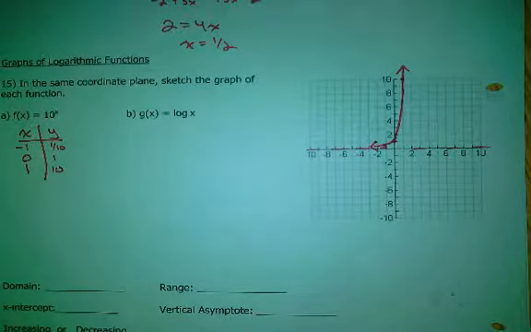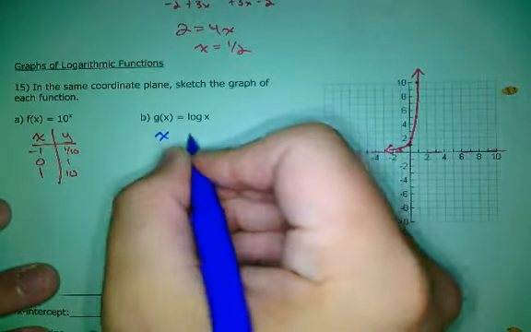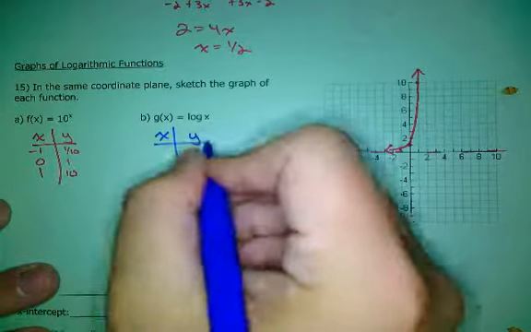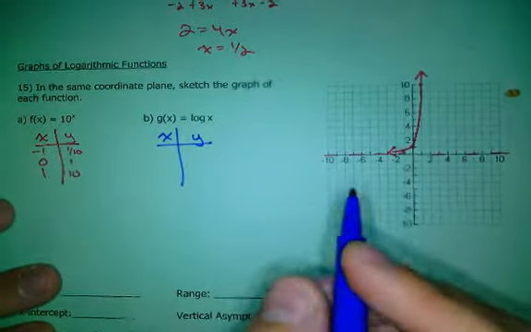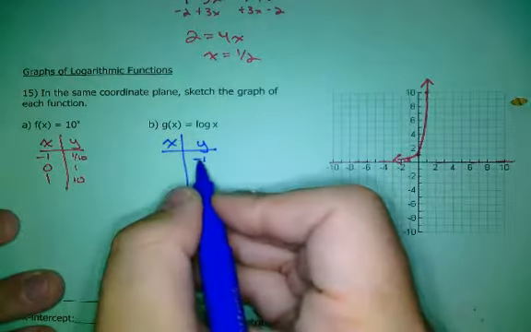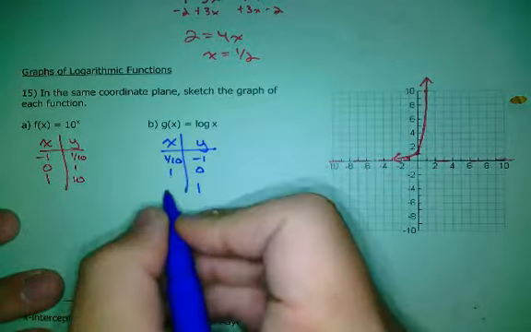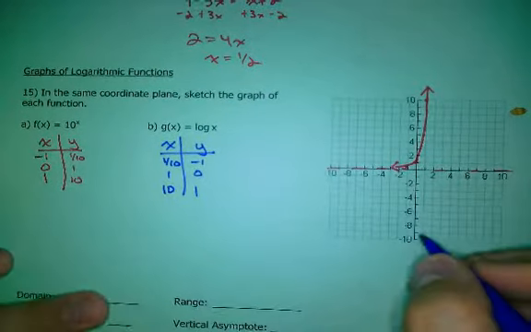Logs and exponentials are inverses of each other. So when I graph log, I'll do this in blue. I still use the same numbers, -1, 0, and 1, but on which side do I put them? Switch them. So just going backwards, this is 1/10, this is 1, and this is 10.